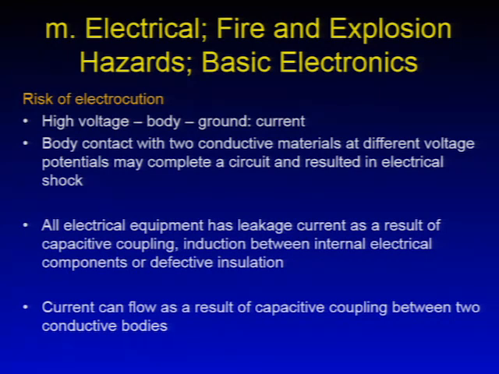Body contact with two conductive materials at a different voltage potentially may complete a circuit and result in electrical shock. And all electrical equipment has leakage current as a result of capacitative coupling, induction between internal electrical components, or defective insulation. So current can flow as a result of capacitative coupling between two conductive bodies.